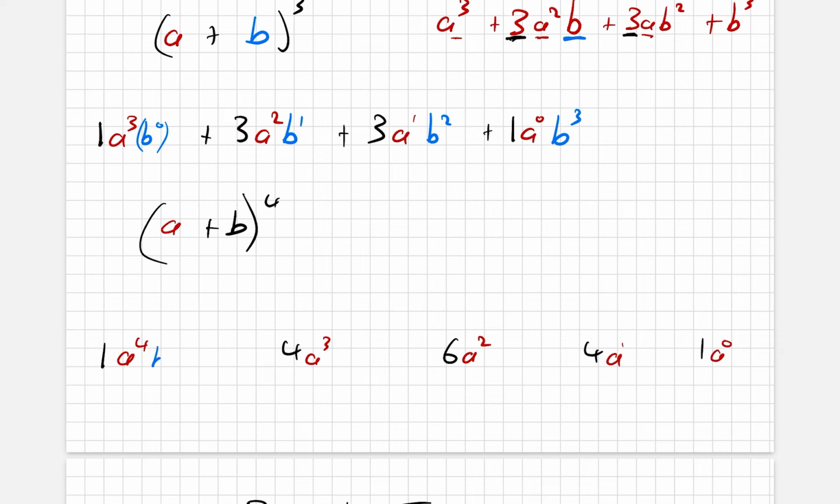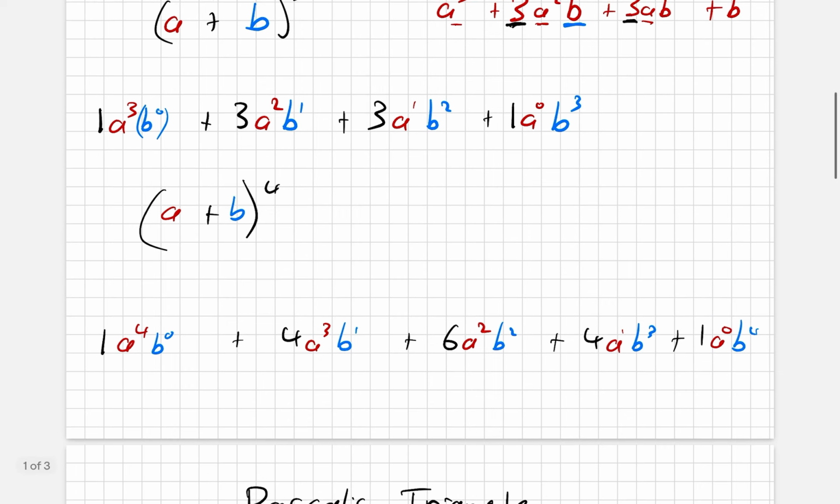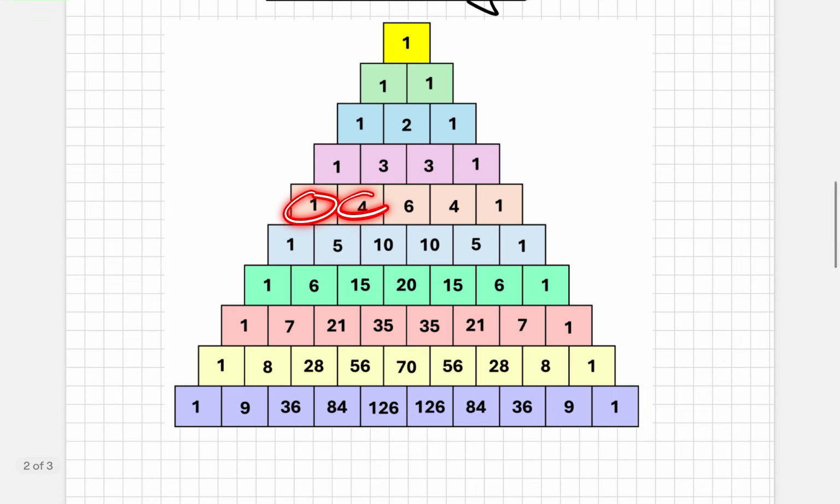And the b's will go b to the power of 0, b to the power of 1, b to the power of 2, b to the power of 3, and b to the power of 4. So you can do out that expansion and see that this is what you get. It follows the same pattern, and you will see that you get the coefficients 1, 4, 6, 4, 1, which are the numbers in the next row.